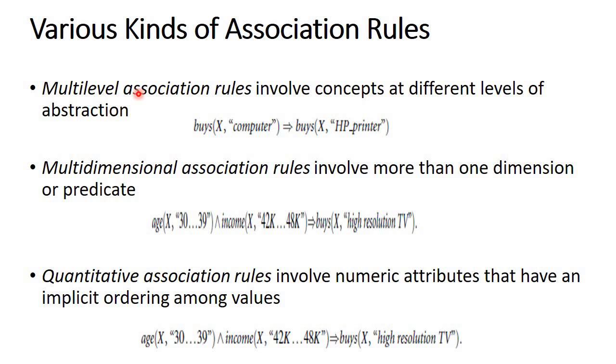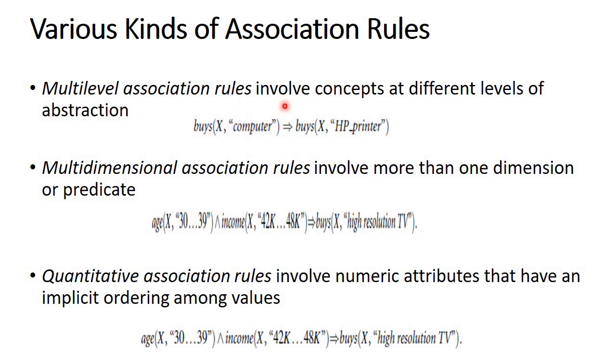When an association rule consists of items that are present at different levels in a concept hierarchy, then mining such an association rule is said to be multi-level association rule. So here, buys is a dimension, an attribute.